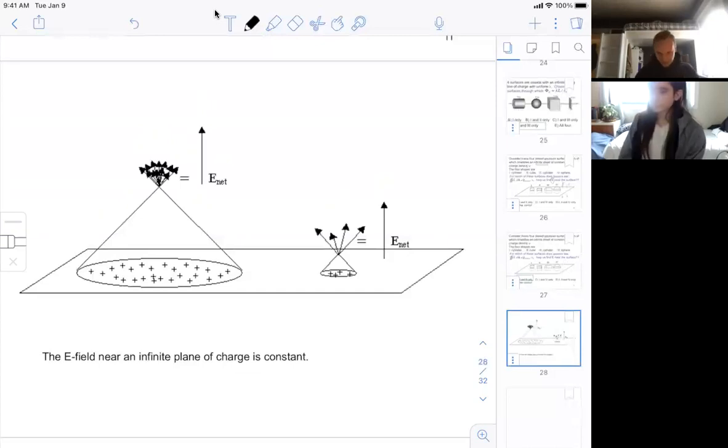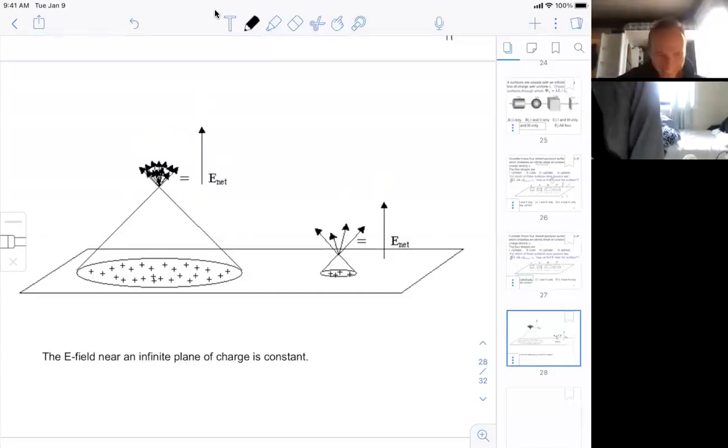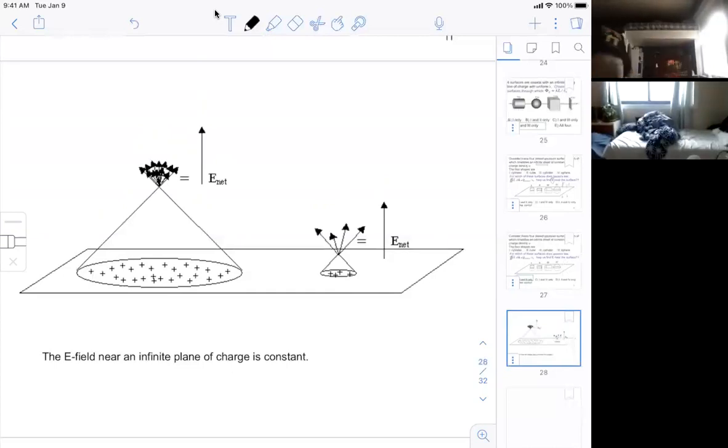And it's only true because you're looking at an infinite sheet. If it's finite, that would not be true. But in real life, we don't really have something infinite. Infinite is really just an abstract model.